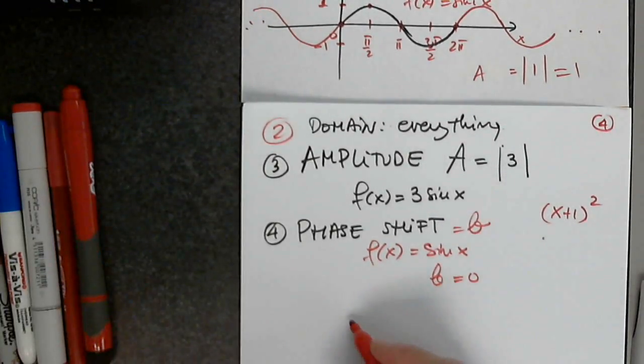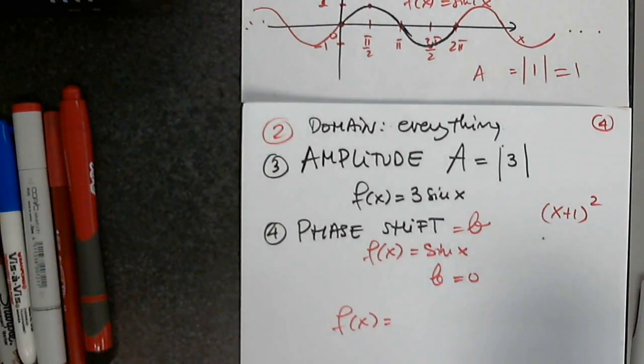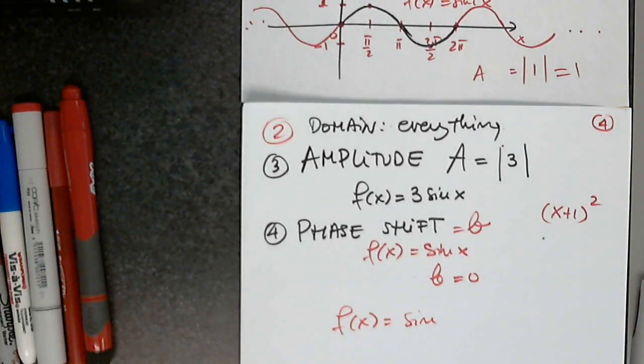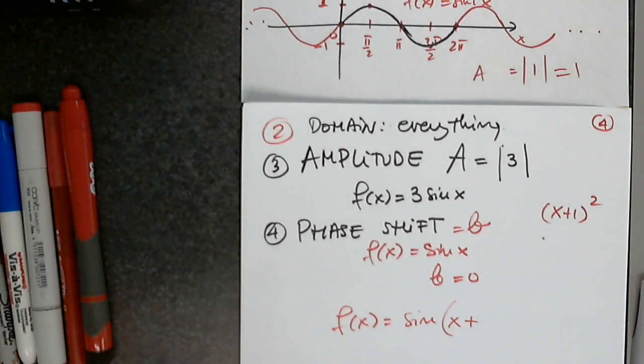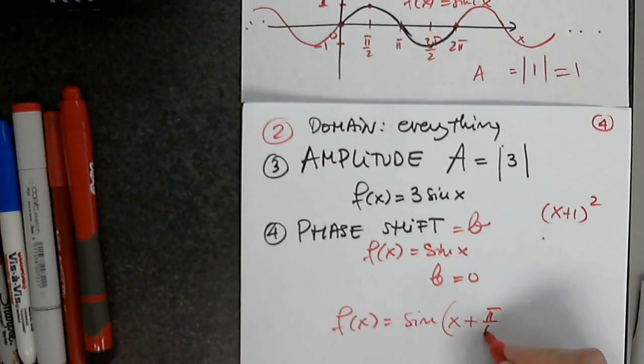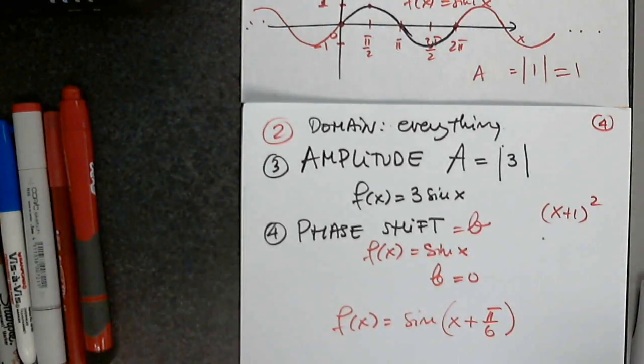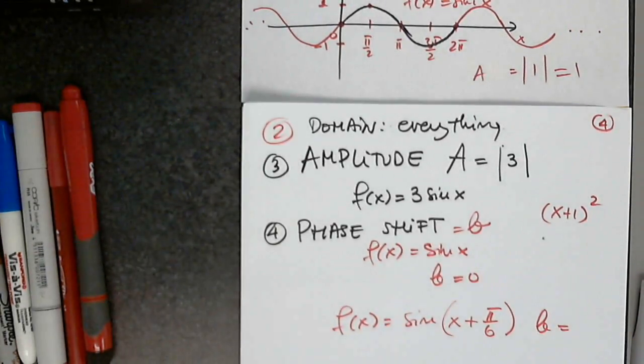So if I want to look at the function, we're going to graph these two functions. Give me a phase shift to the left. Yes, so if you wanted to, plus, but let's make it into an angle. Let's say pi over 6. So how much is the phase shift in this case? Because I would like to emphasize that.